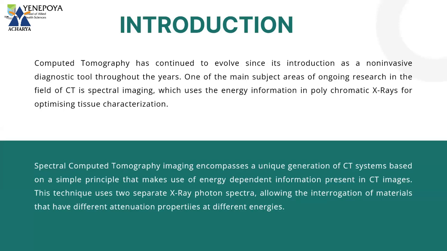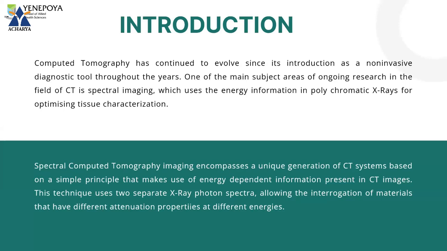One of the main subjects in ongoing CT research is spectral imaging. You might have heard about dual energy CT, and now photon counting detectors. All these are part of spectral imaging, which uses energy information in the form of polychromatic X-rays for optimizing tissue characterization. Because of this, diagnosis has become very easy and specific compared with conventional CT.